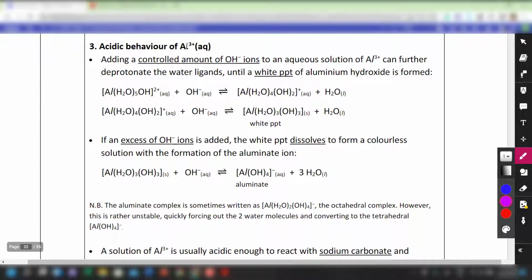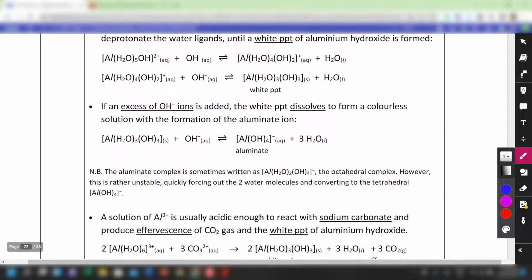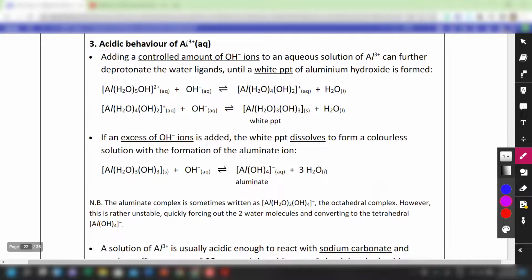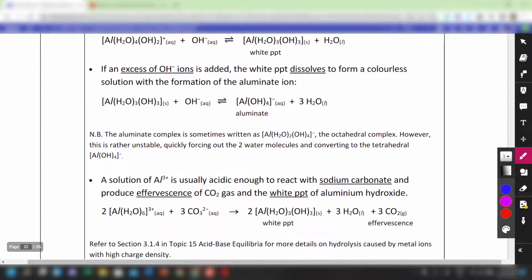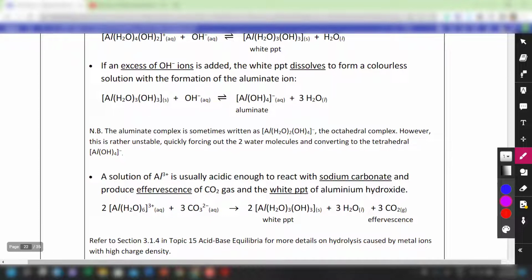Because the production of aluminate is favored, it will lead to the dissolution of aluminium hydroxide, because the position of equilibrium will then shift in an appropriate direction so as to produce more aluminate. I'm going to explain a little bit more clearly down here, so that the explanation is consistent with what you have seen under the earlier topic on solubility products.